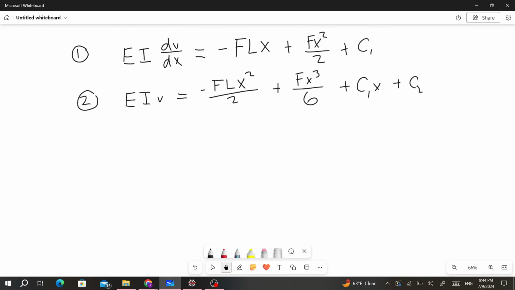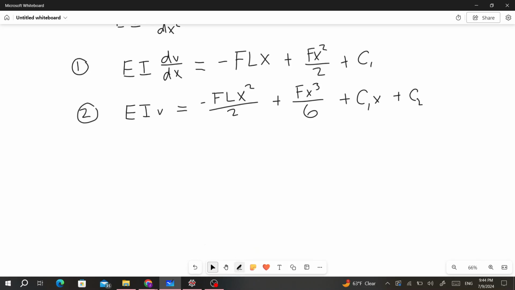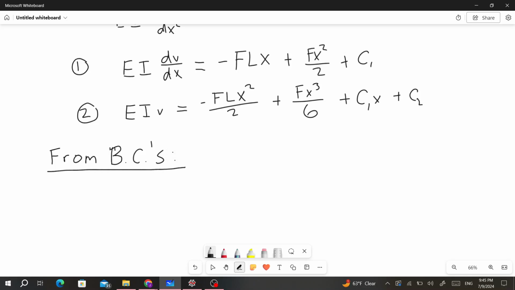These are just the general boundary conditions for a fixed end. If we come back down, we can use those boundary conditions in equations 1 and 2 to solve for the constants of integration, and then we'll have a full expression for deflection in the beam. From our boundary conditions, which I'll abbreviate as BCs, we know that v at x equals 0, the deflection, is equal to 0 because it's a fixed boundary condition.